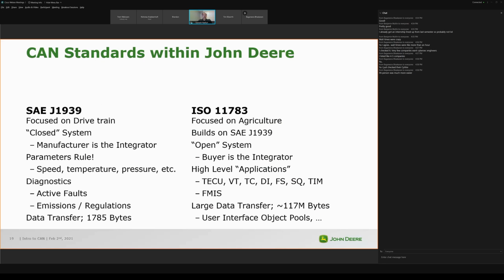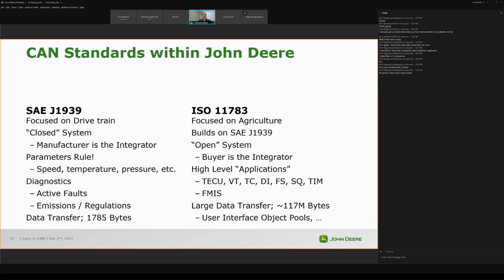If you look at parameters, in ISO also we have parameters, but there are additional things that we call high-level applications, like bridges, virtual terminals, task controllers, file servers, sequence controllers.